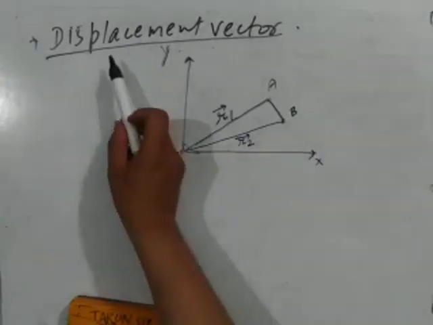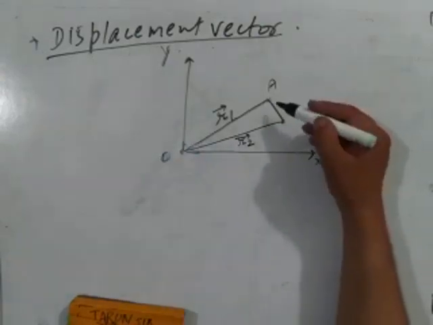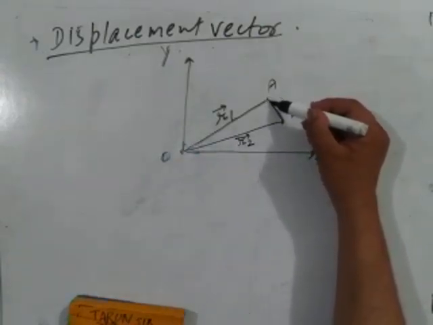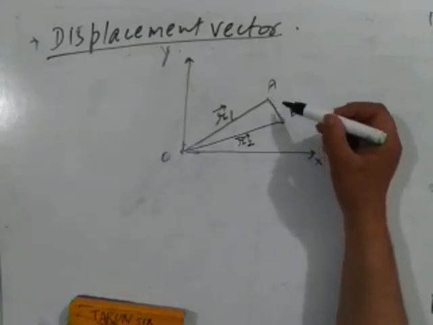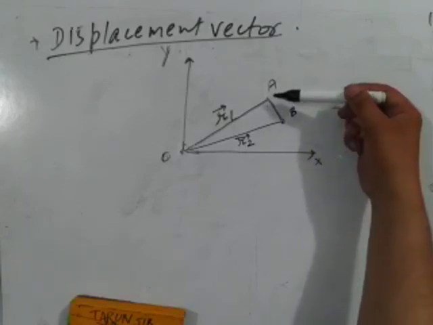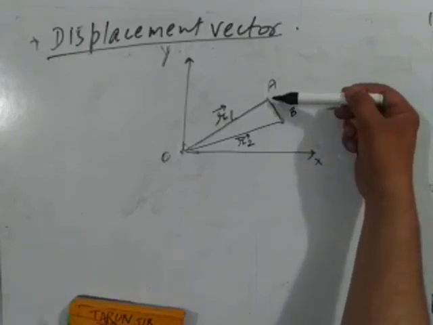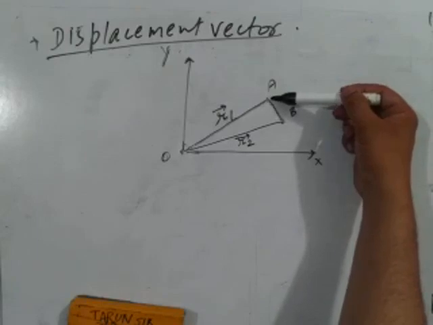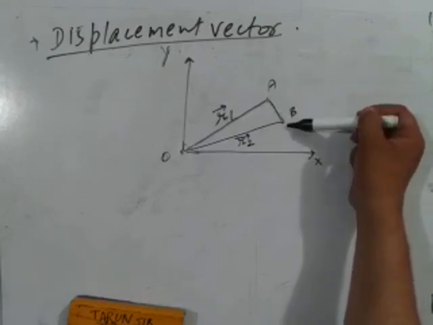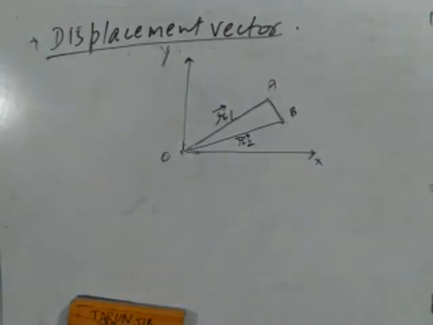So the displacement vector is a vector which tells us about the displacement of the object from one point to another point in a given interval of time with respect to the origin.